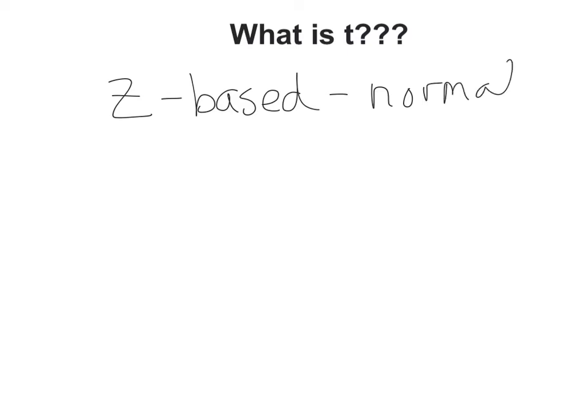I think some important things to note as of right now. Everything that we've been working on has been z-based, meaning that we are using the normal curve as our means of generating probabilities.